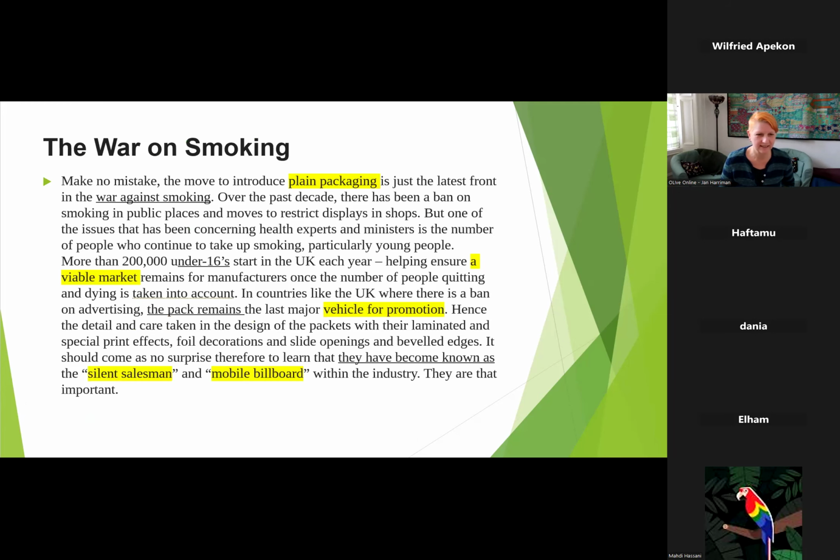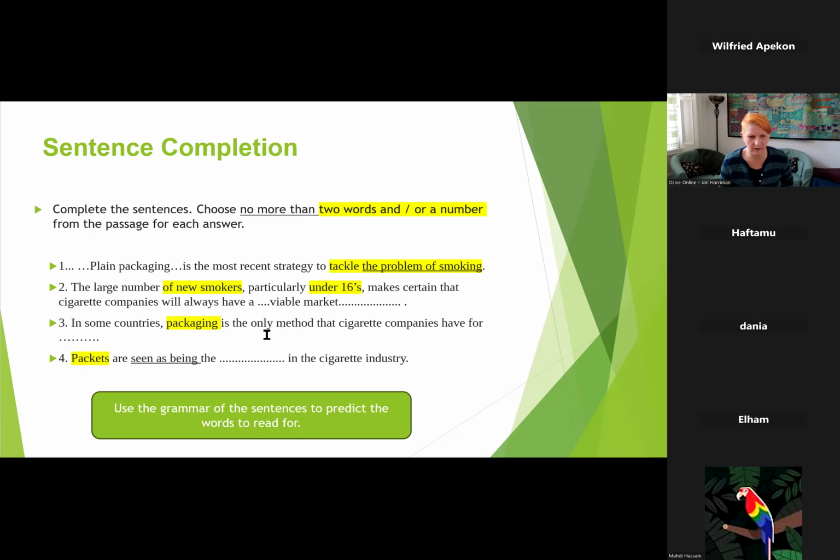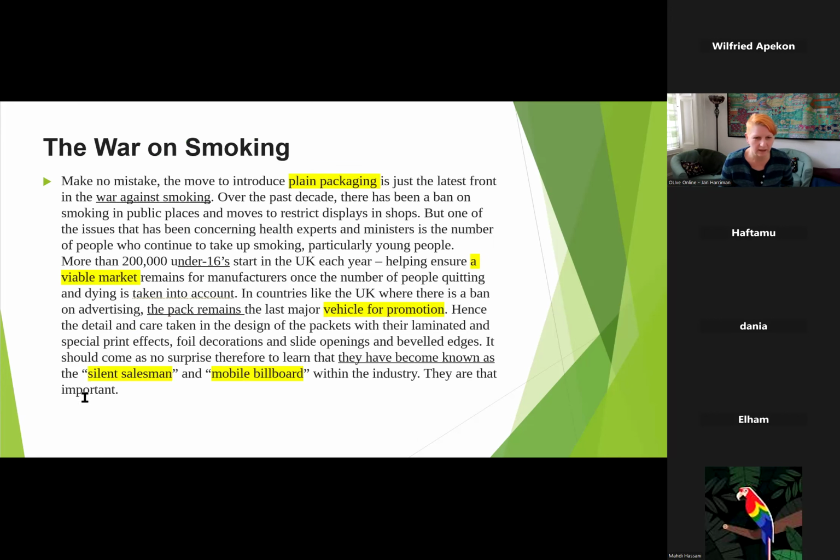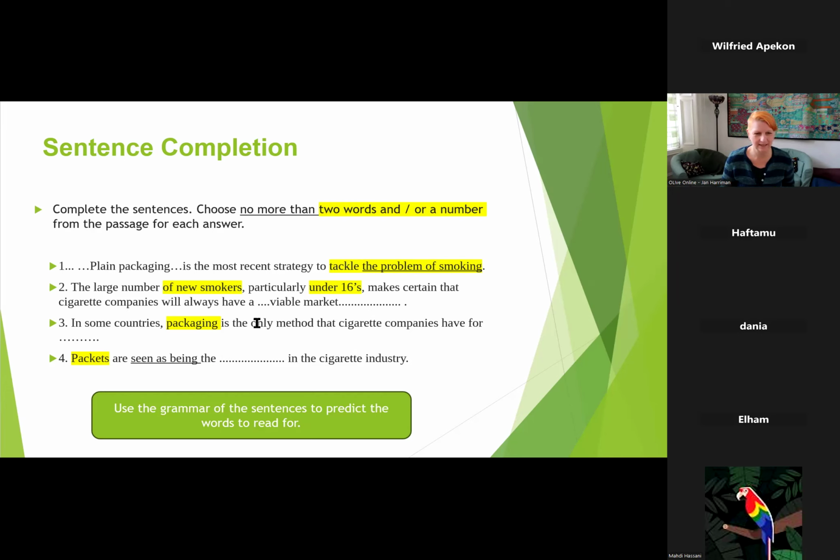Very good. And once again, on the next one, remember, it's in some countries, packaging is the only method that cigarette companies have for, pack remains, the last vehicle for promotion. So only method, vehicle for, the only method for promotion. Right.